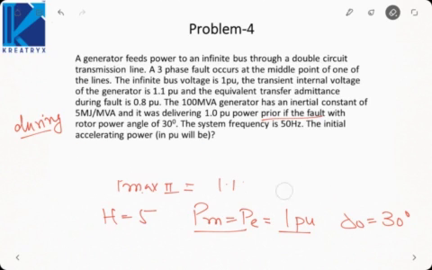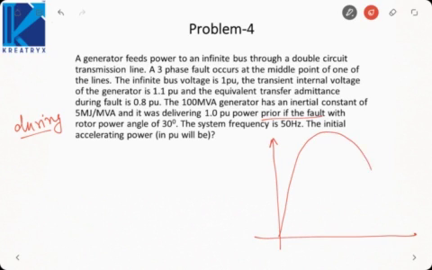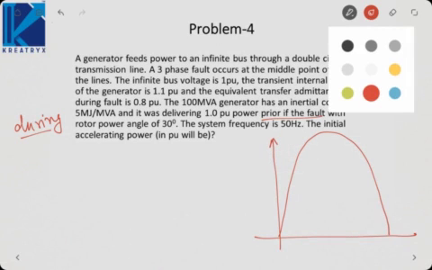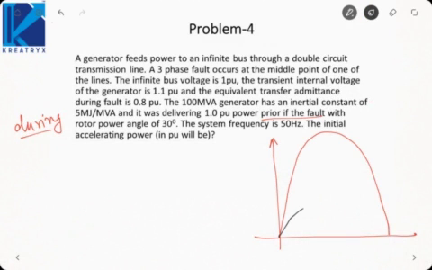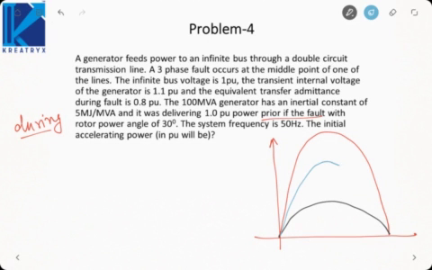In this case, however, my power angle curves: this was before the fault, this was during the fault, this was after the fault. Then we took Pm, so this was equal to delta naught. So as soon as the fault occurred, Pm was this much only, but Pe reduced to this.